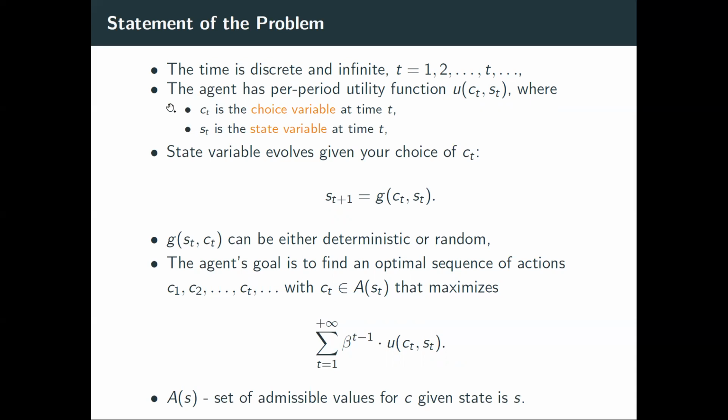And there will be one agent, and this agent has a utility function which depends on two variables. It depends on consumption today, which I denoted as C, and it depends on the state variable, which is like conditions. In all our models, we will have this kind of consumption, something that you choose.